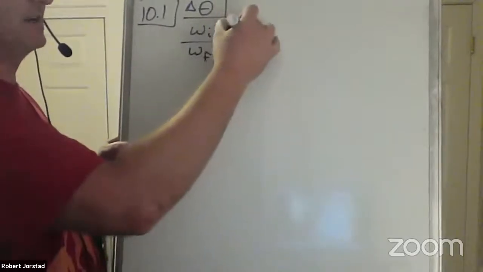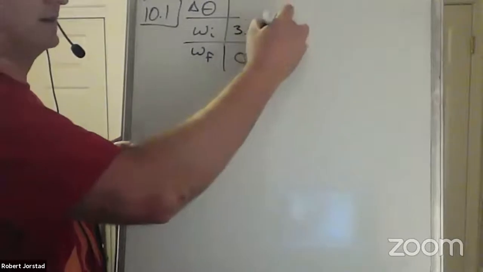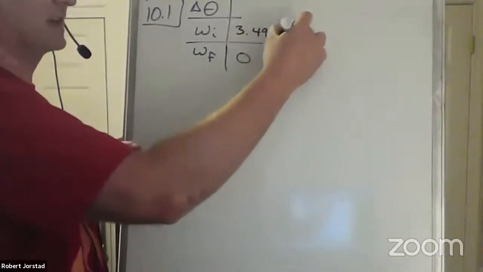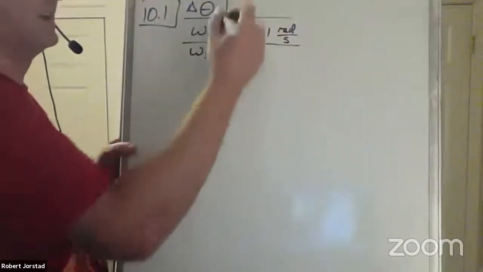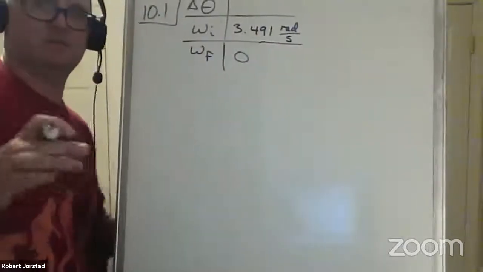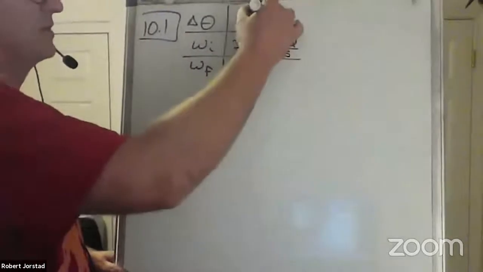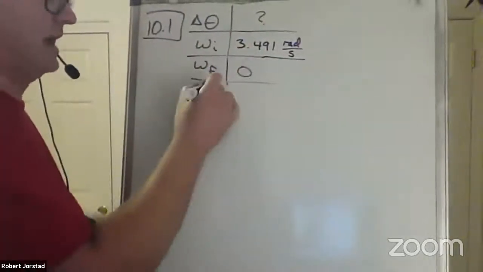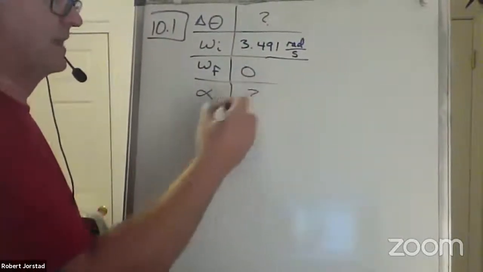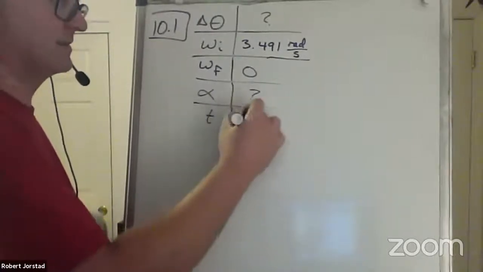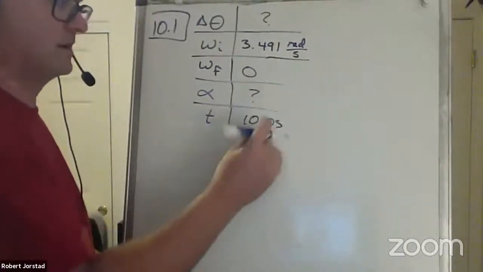Here, this was 3.491 radians per second because we did the conversion. You don't always have to convert it, but sometimes you do. Most times. This one was, I don't know. Alpha was, I don't know. And t was 10 seconds. So we got it.